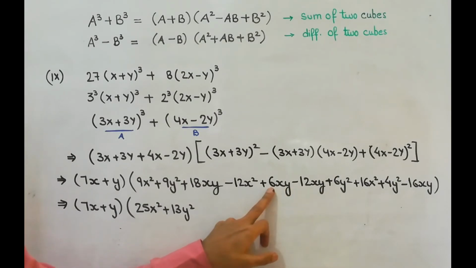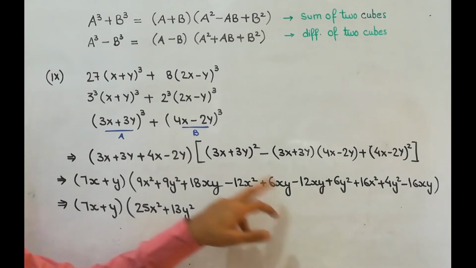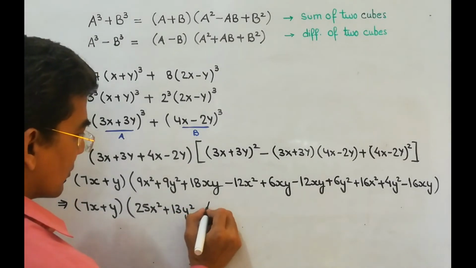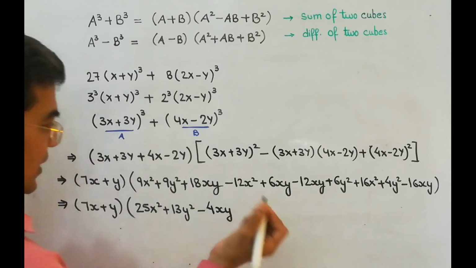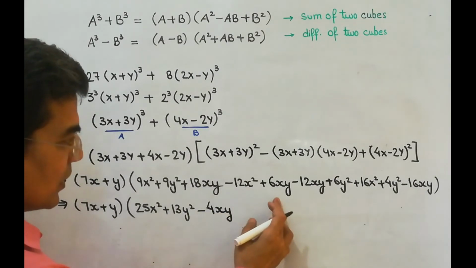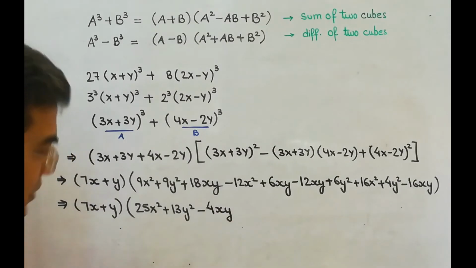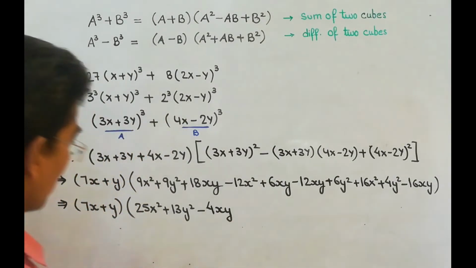Minus 28 and then plus 6 will make it minus 22. Minus 22 and then plus 18 will make it minus 4xy. Okay, any other term that we are having? Oh, sorry, we have made one mistake over here.